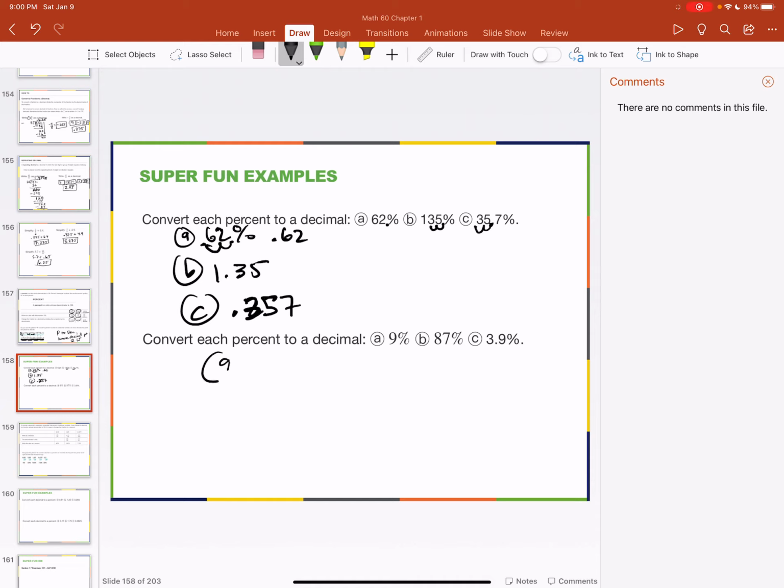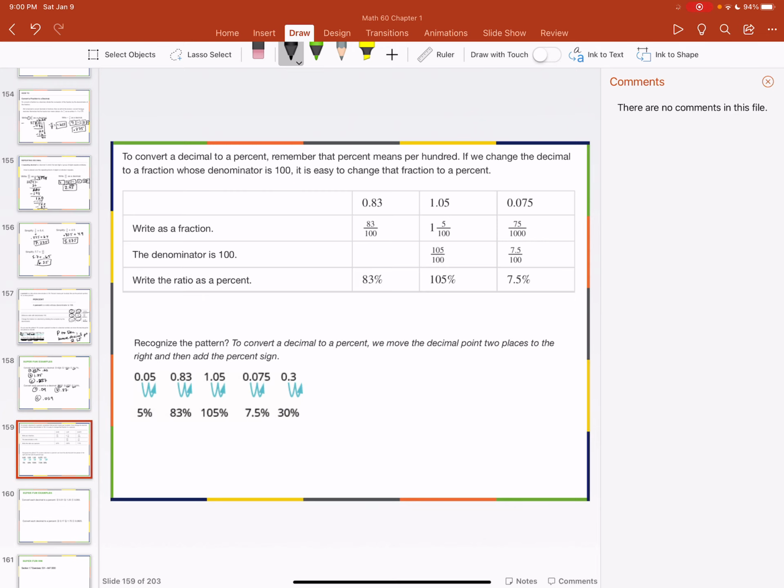Okay, so let's do some more. For A, starting here, if you don't see the decimal, it's assumed to be right at the end, right after the number. So twice to the left, so 0.09. Because we had to move it over, we need to introduce a 0. Here, twice to the left, 0.87. C, twice to the left, 0.039. Now if we want to go backwards, from decimal to percent, we need to go 2 spaces to the right.